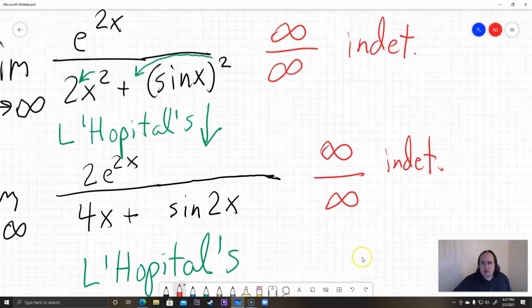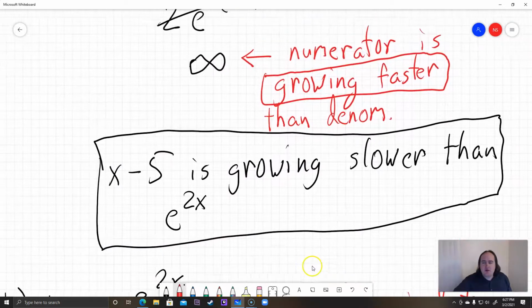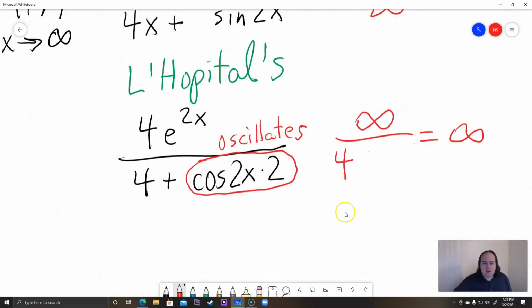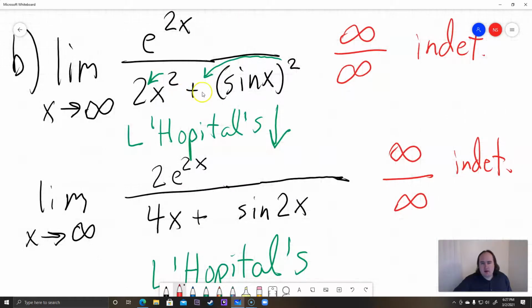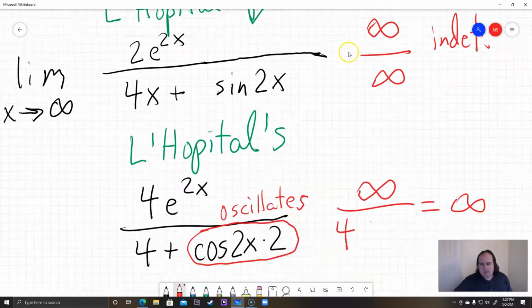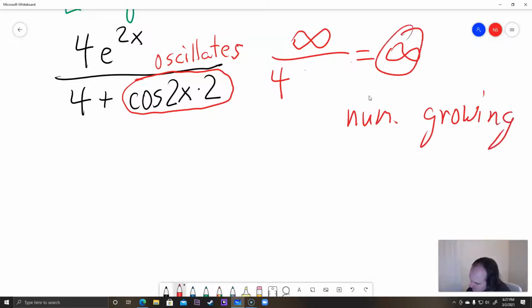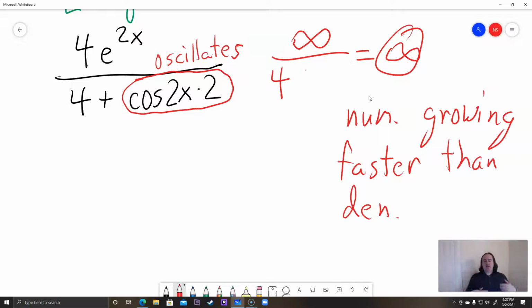So just like with the last problem, if you get infinity, that means your numerator is growing faster than your denominator. Okay, so here, that means that 2x squared plus sine squared of x is growing slower than e to the 2x. So the numerator is growing faster than the denominator. And the reason it's called relative growth is, relatively speaking, the numerator is growing faster than the denominator. And the reason we got infinity is because we plugged in infinity.